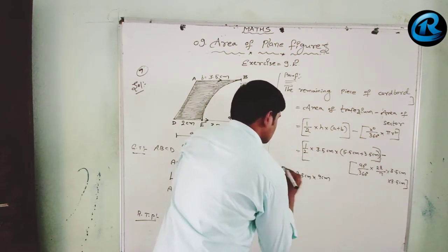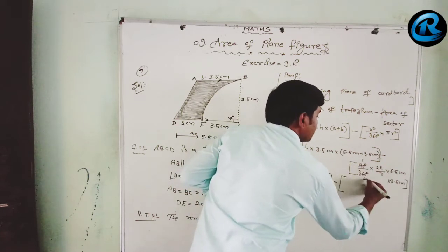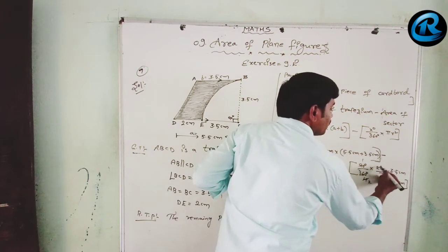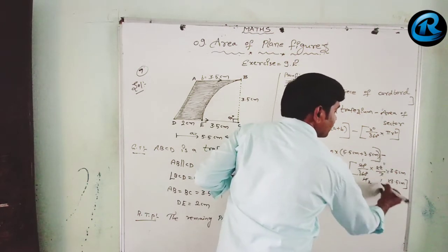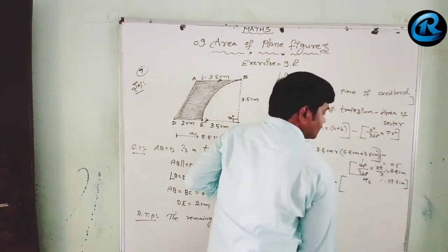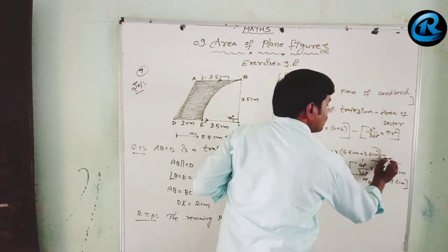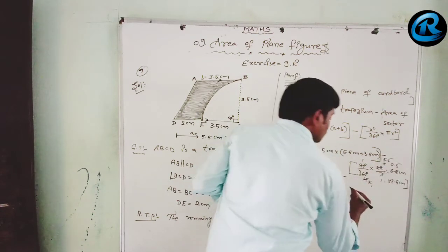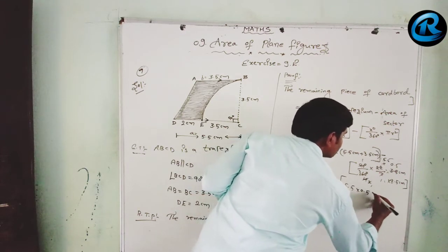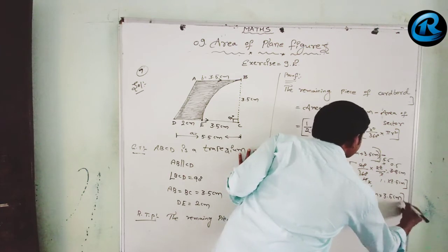Minus here 90 by 360 is one fourth. 2 2s are 4, 2 11s are 22, 7 1s are 7, 7 0.5s are 3.5. So 5.5 into 0.5 centimeter into 3.5 centimeter.